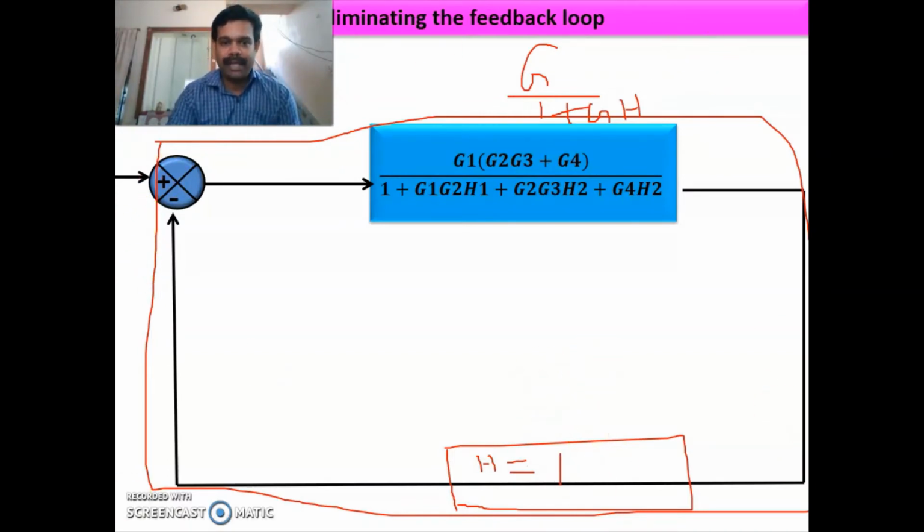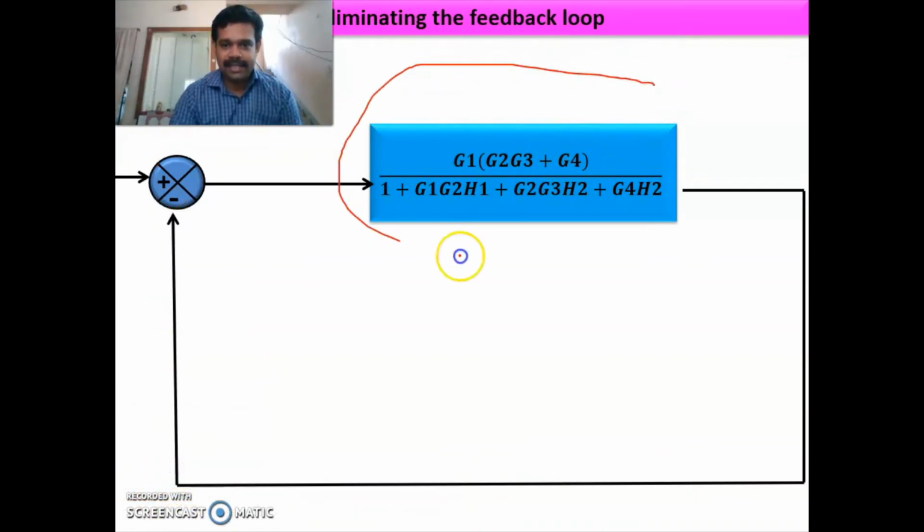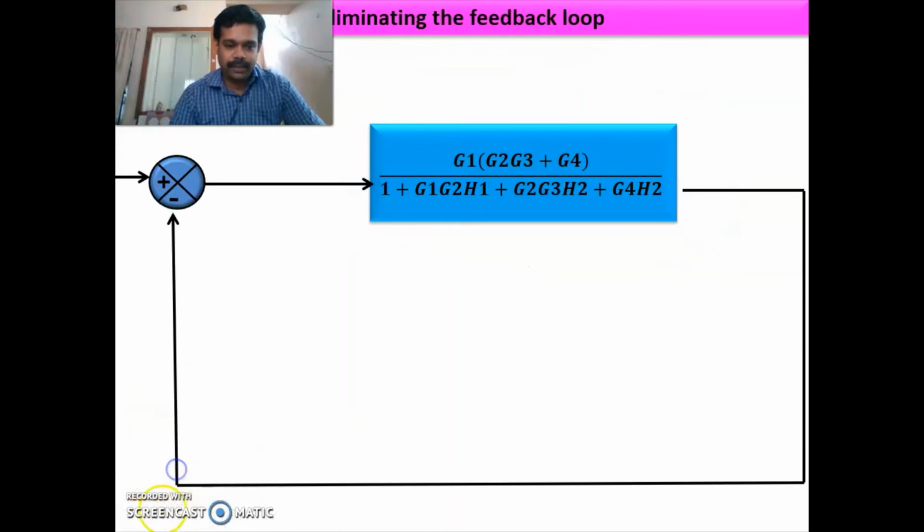Here you have a negative feedback, so you get the same G divided by 1 plus GH. This entire thing is G, and the value of H is equal to 1. In the place of H you put 1 and simplify.